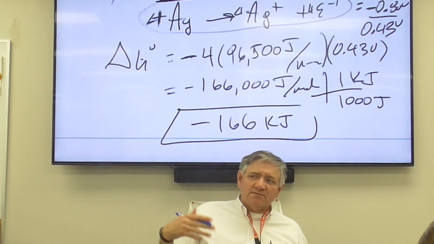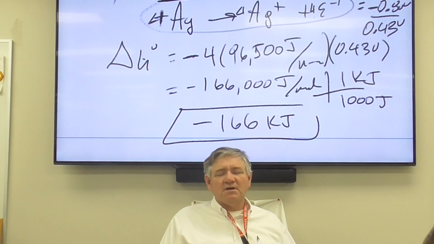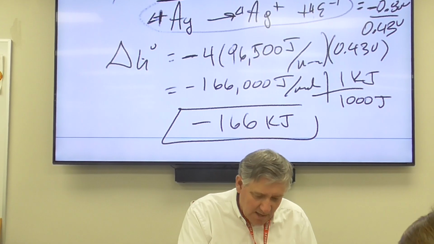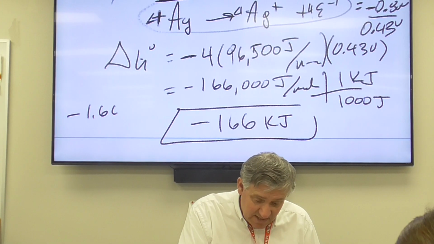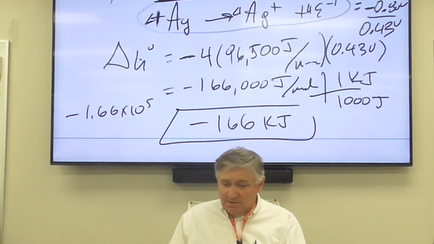Typically, Gibbs free energy is expressed in kilojoules because it tends to be pretty big numbers. If you want to leave it in joules, that's fine. If you're going to leave it in joules, I would suggest you write that in at least scientific notation.